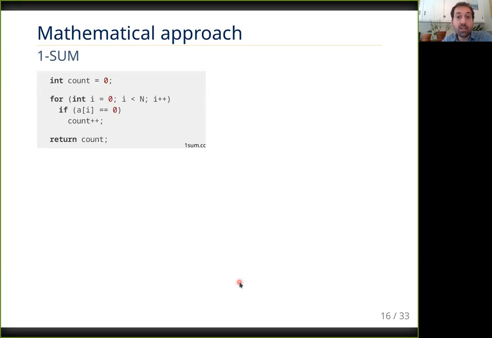Imagine you have an array A of size n, and essentially you scan this array from beginning to end, and you count the number of items in this array that are equal to 0. So with three-sum, we're trying to find all of the triplets that would add to 0. Here, with one-sum, we just try to find the number of items that are 0.